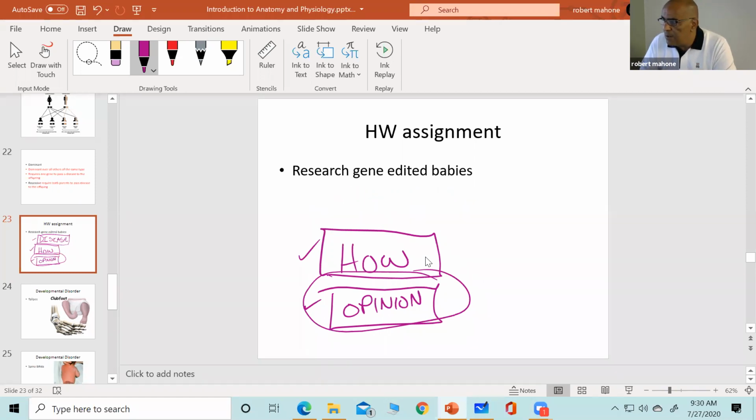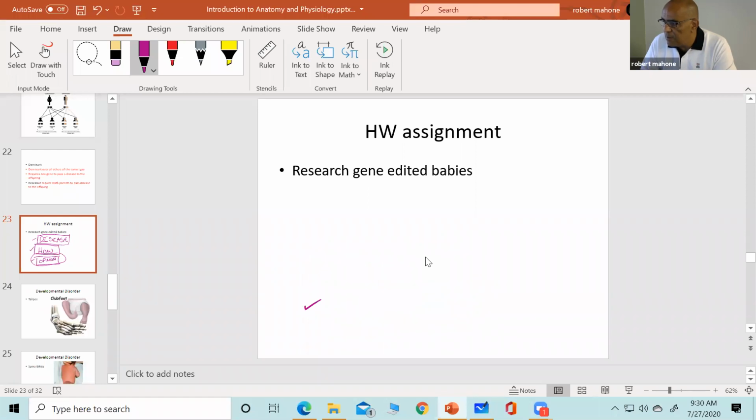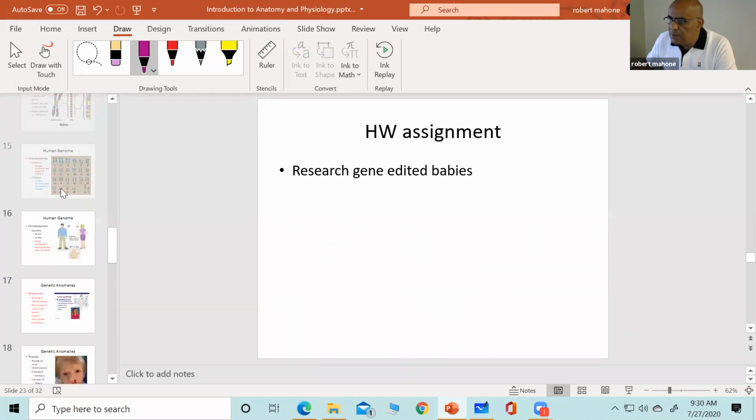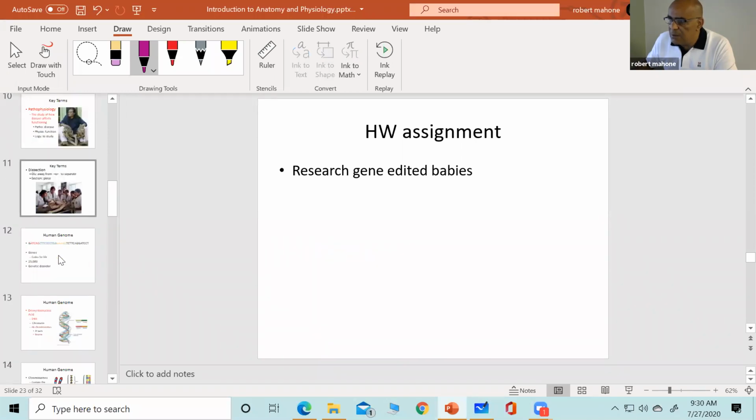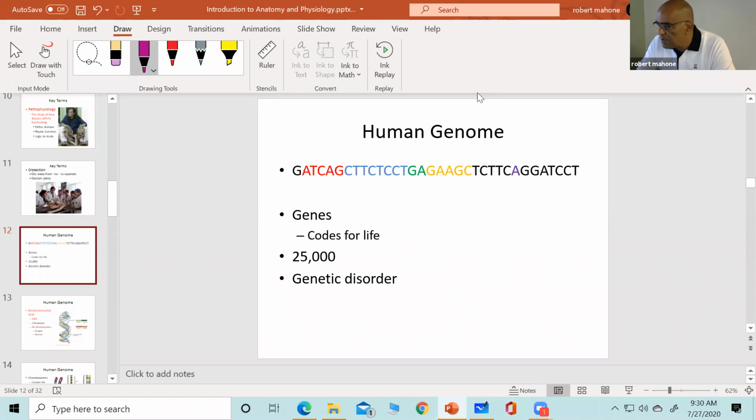And let me wet your whistle a little bit. I won't give you the whole story, but what he did was this. He deleted a gene from their DNA. And by doing that, the child probably won't get a specific disease.